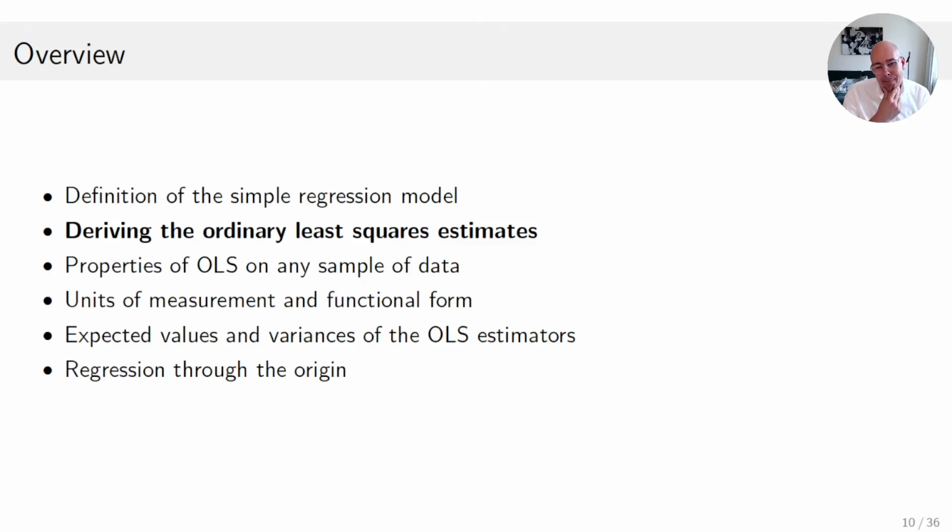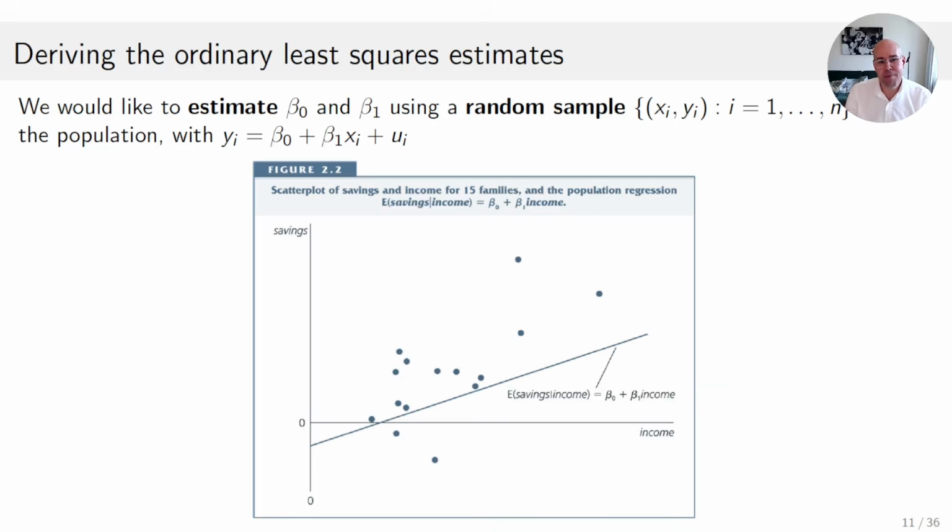Now, the next step is to derive our OLS estimator. What we want to do is to estimate beta naught and beta 1 using a random sample of data from our population. So the random sample would consist of pairs xi, yi, for observations i going from 1 up to n.